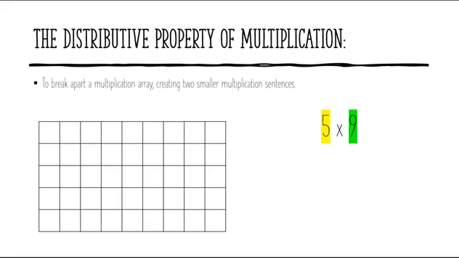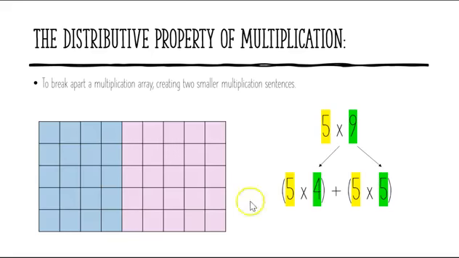But to make it a little easier, I can break that 9 apart into smaller numbers, like 4 and 5. So 5 times 4 in parentheses plus 5 times 5 will give me the same product as 5 times 9.